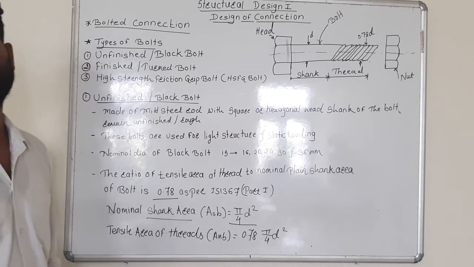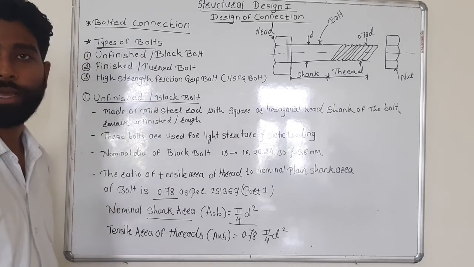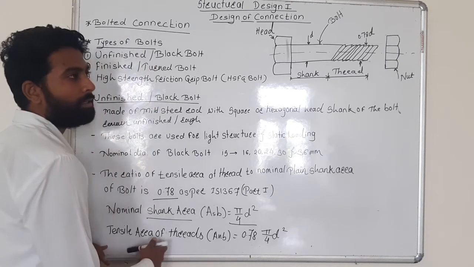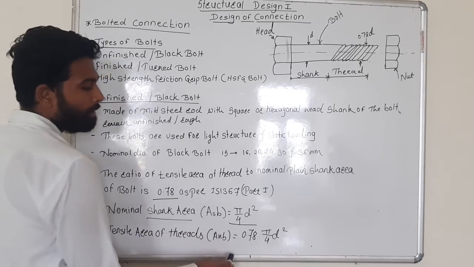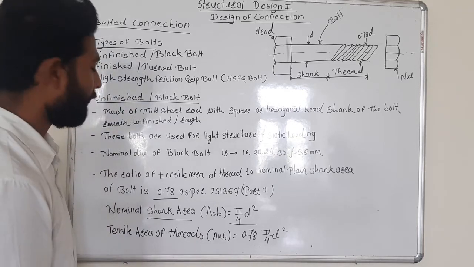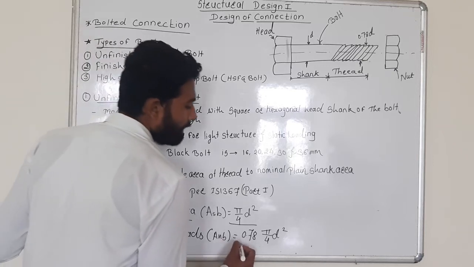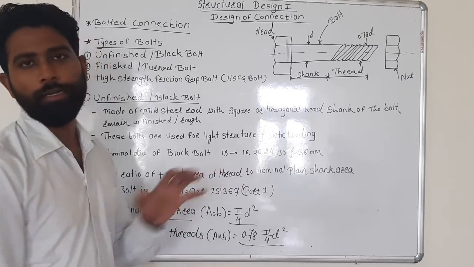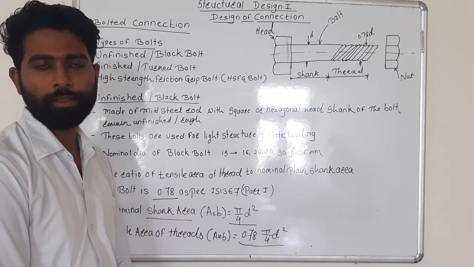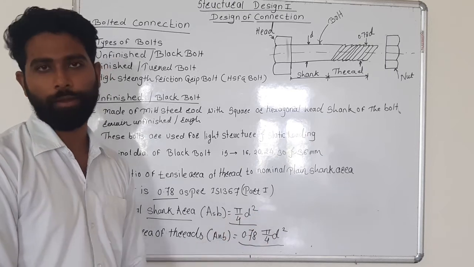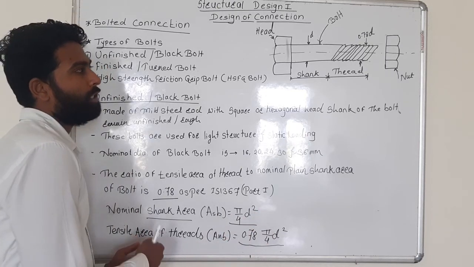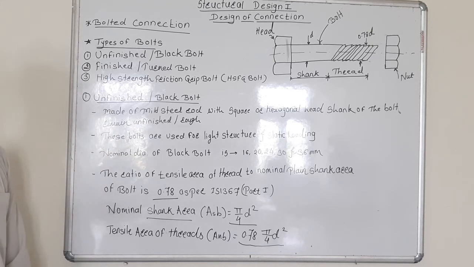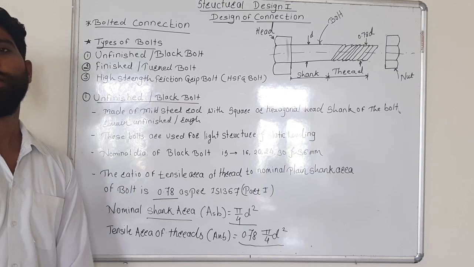But when you have to take the area of a thread, you have to use this formula, which shows that the thread area is only 78% of the shank area, that is 0.78. So this is it. First we saw the unfinished black bolt, and next we are going to see the finished or turned bolt.